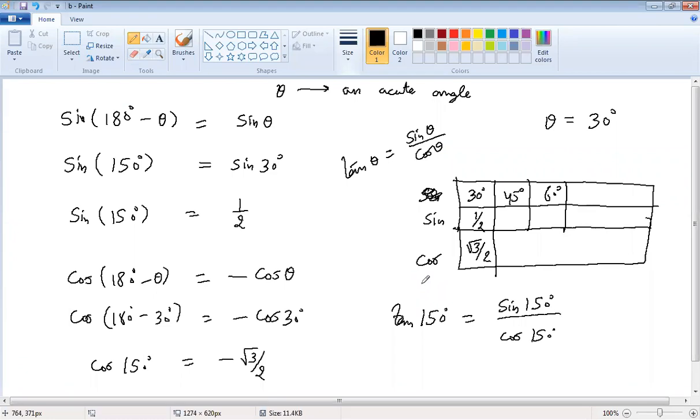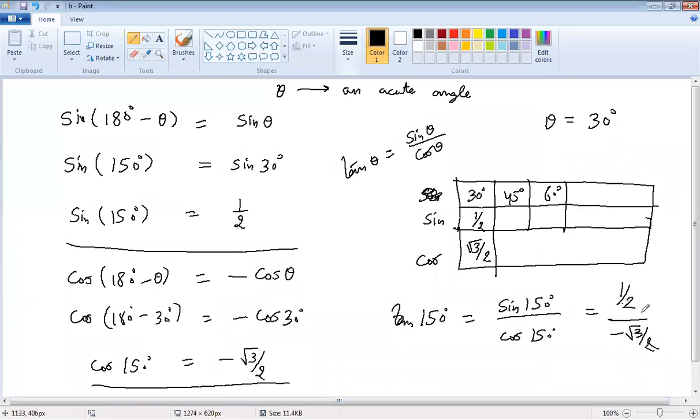Sine 150 we have found equal to half, whereas cos of 150 is equal to minus root 3 by 2. Cancellation of 2, this is negative 1 by root 3. So tan of 150 degree is minus 1 by root 3.